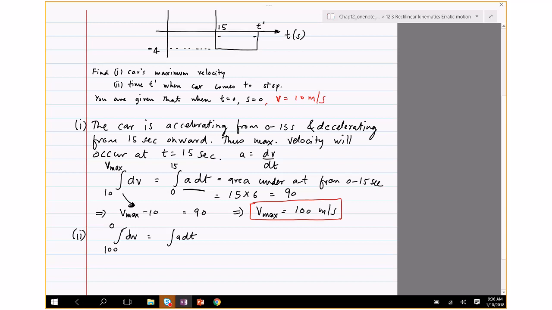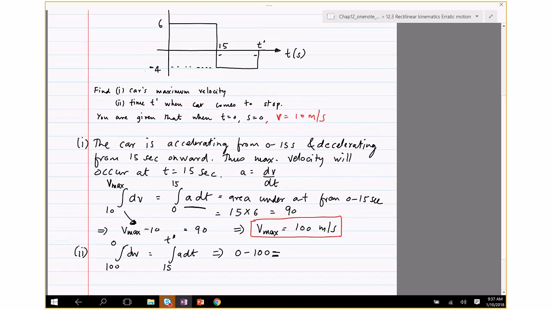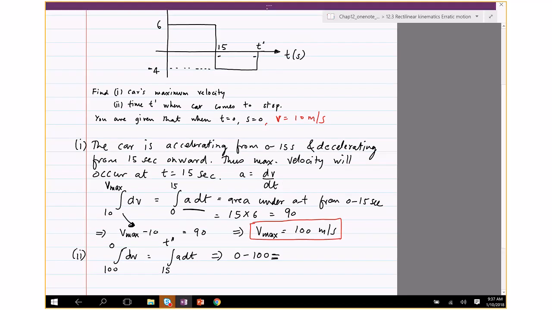The time at the first instance is 15, and I do not know what the time is at t prime. I need to find that. That's the unknown. So this gives me 0 minus 100 for the left hand side equals the area under the, so it's going to be this area now.